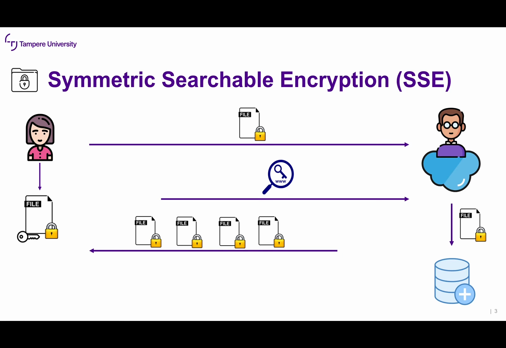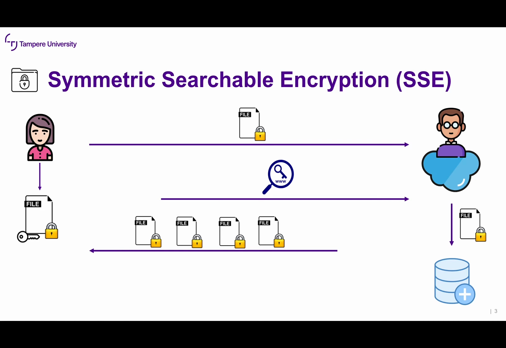Nevertheless, he should be able to find all the files containing those keywords. So basically, we keep most of our data encrypted, hidden from Bob. Bob doesn't have any way to know the keywords that Alice is looking for, however, he can find all the files containing those keywords.